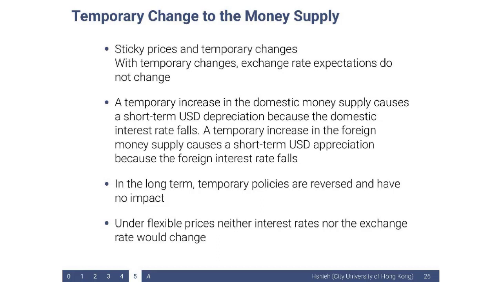When we have domestic monetary expansion, we have the domestic currency depreciating, so E increasing. But when foreign central banks conduct expansionary monetary policy, we have the domestic currency getting stronger. It makes sense. They're injecting more quantity of their currency, foreign currency, so naturally, relatively speaking, the domestic currency is getting stronger.